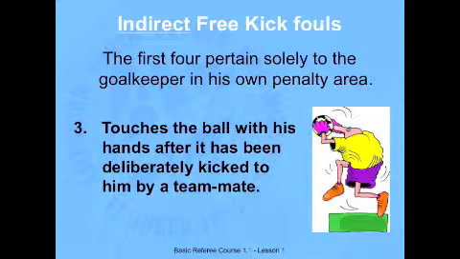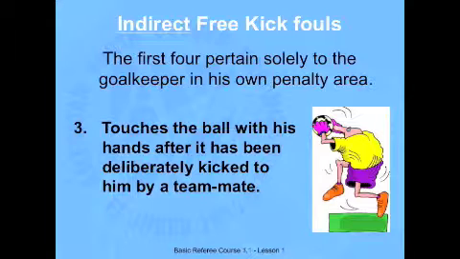The third indirect free kick foul pertaining to the goalkeeper in his own penalty area is when the goalkeeper touches the ball with his hands after it has been deliberately kicked to him by a teammate. In the U10 or below age group, where this might be a factor, use the situation where the kid identifies the goalkeeper and directly passes it back to him.